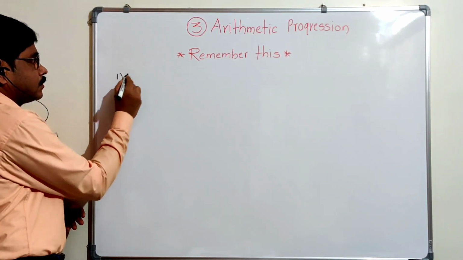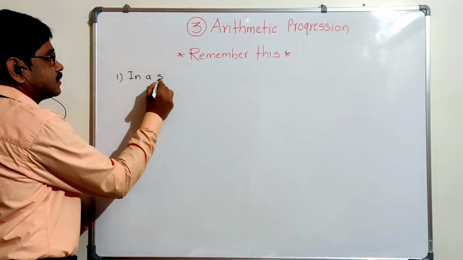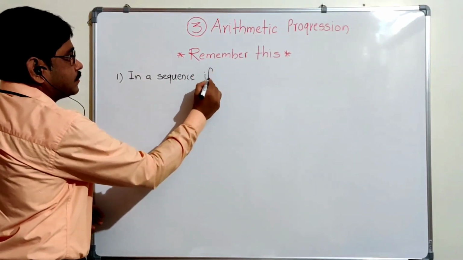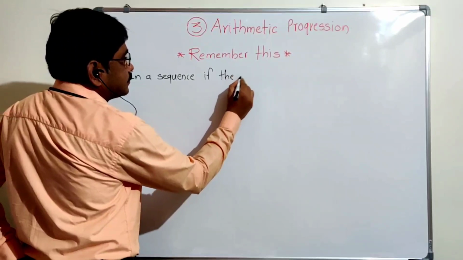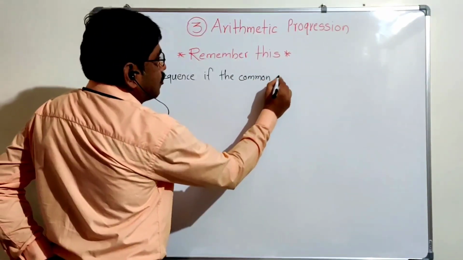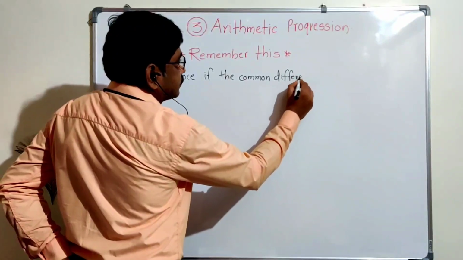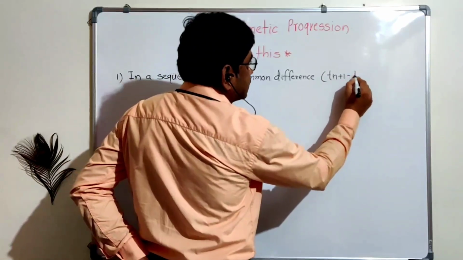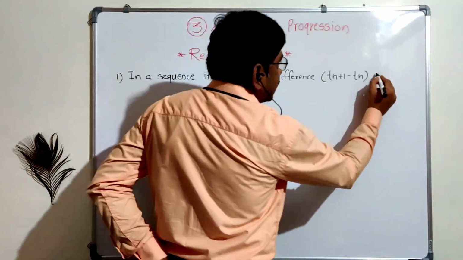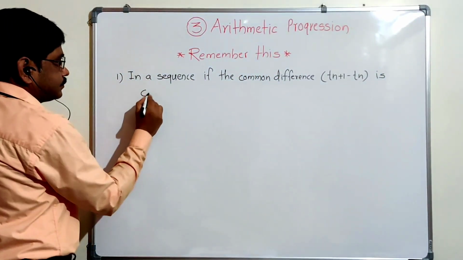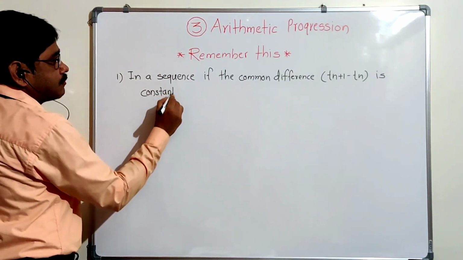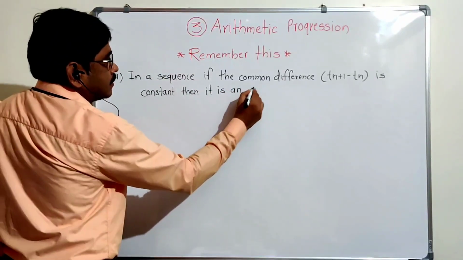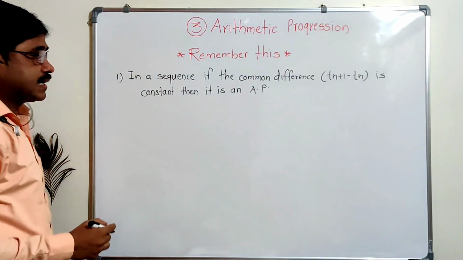First point: in a sequence, if the common difference, which is Tn plus 1 minus Tn, is constant, meaning the same everywhere, then it is an AP. Then it is an arithmetic progression.